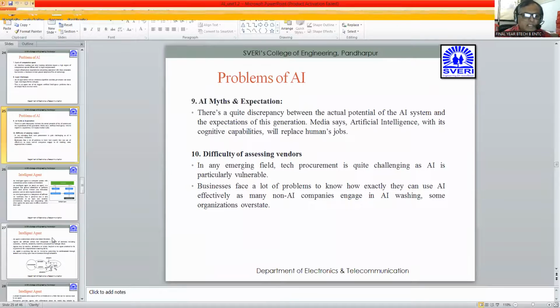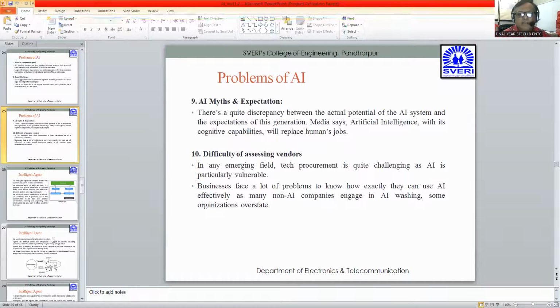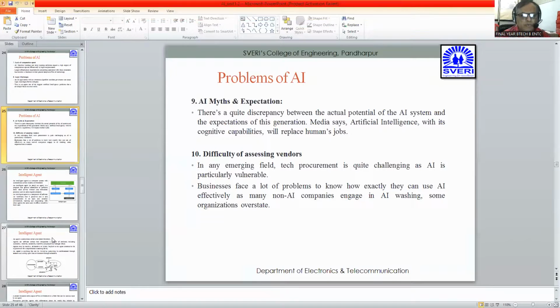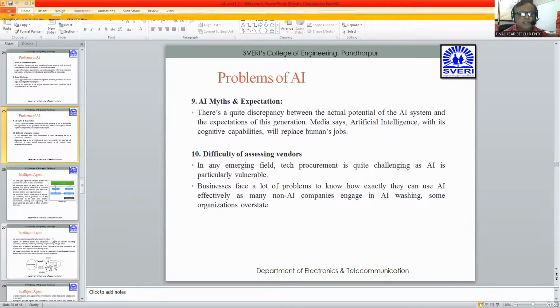Difficulty of assessing the vendors. Obviously, implementing AI is not the same as in other industries. There will always be difficulty in assessing vendors in an emerging field where each procurement is quite challenging, and AI is particularly vulnerable.